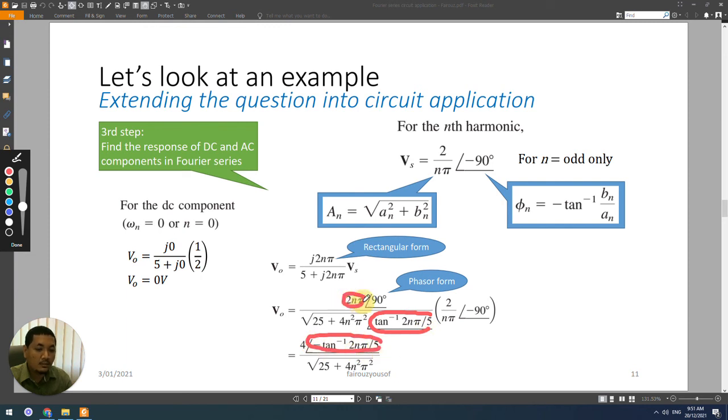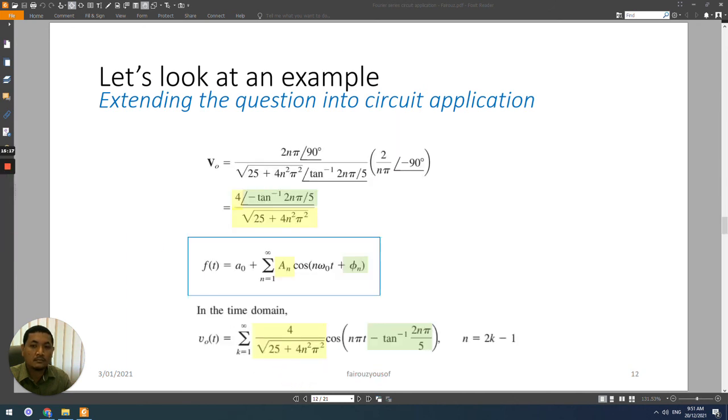Then we multiply 2 n pi with 2 over n pi, and divide it with this, and we will get this, the An and this angle phi n.